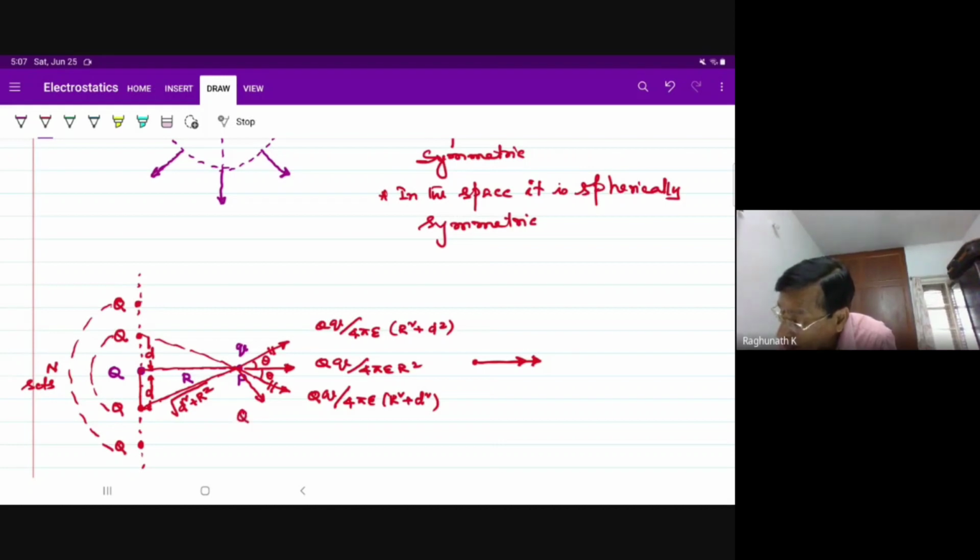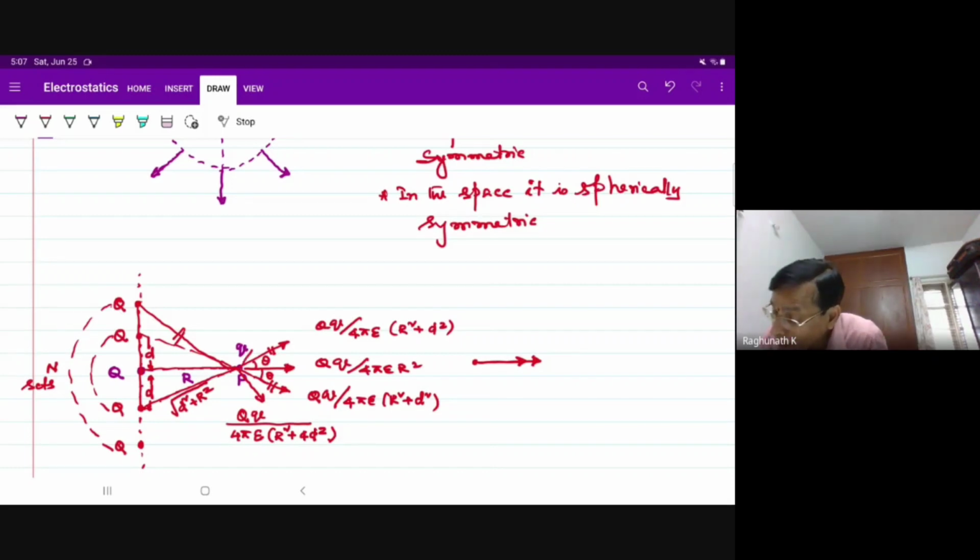Having the magnitude capital Q small q divided by 4 pi epsilon, R square plus the distance is what? R square plus 4D squared. Because now the vertical side is 2D. This distance is root of R square plus 2D whole squared.